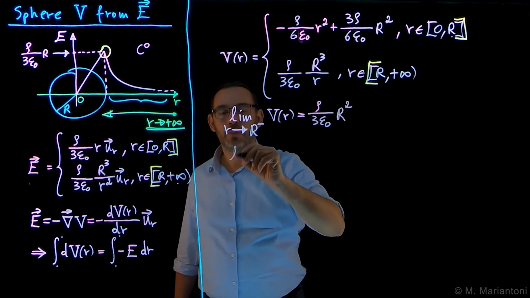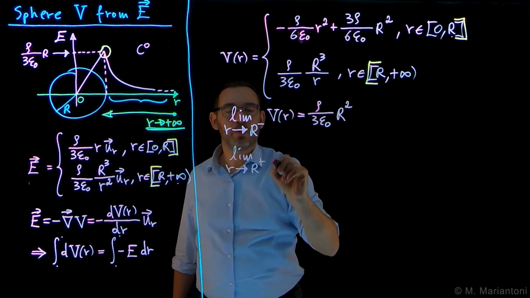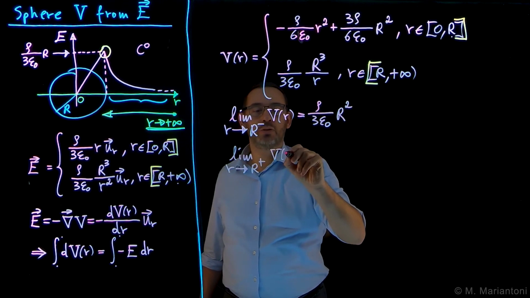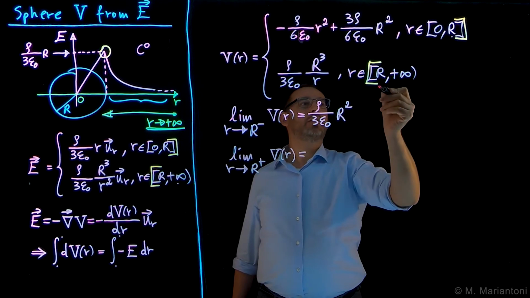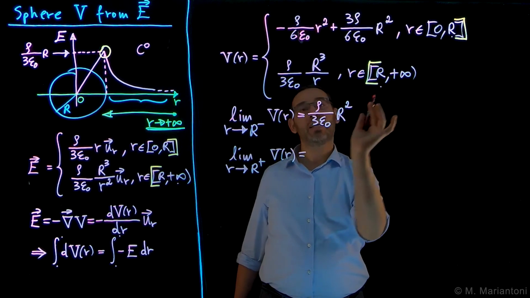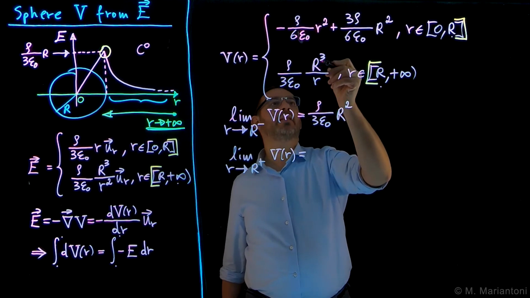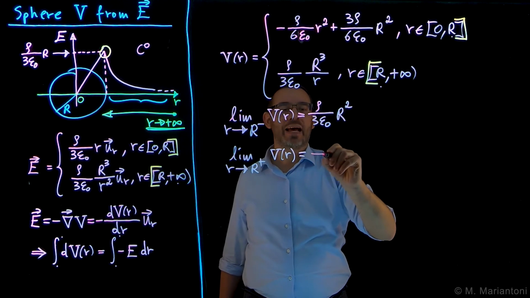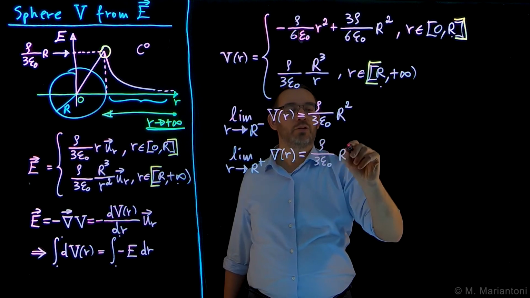This hopefully should be the same. In fact it is, for the limit that goes to capital R plus of v of r. In this case we need to use the other expression, the one down here, because we're approaching from the plus side. And so we get r cubed over r, which is again exactly the same quantity, rho over 3 epsilon naught, as expected, times capital R squared.